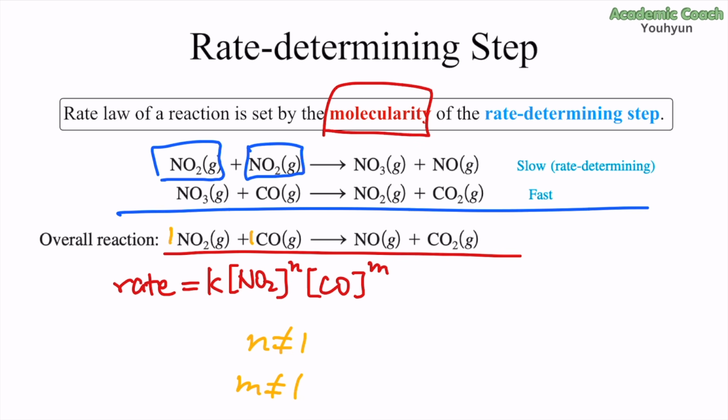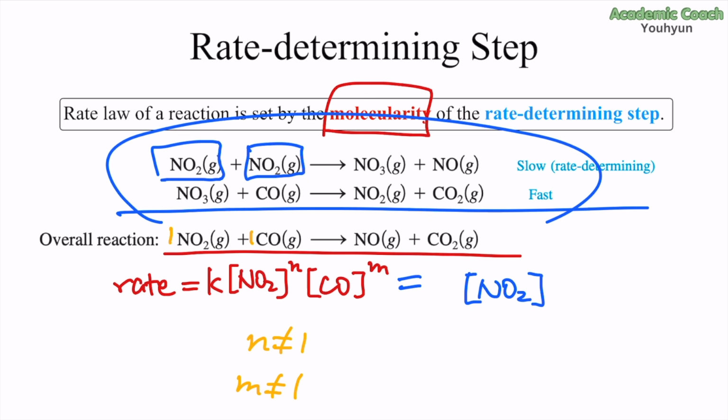This suggests that the rate for the total overall chemical reaction would be proportional to the concentration of nitrogen dioxide squared. And this square, or number 2, comes from the coefficient of the nitrogen dioxide in the rate determining step. This is why the rate determining step is so important.